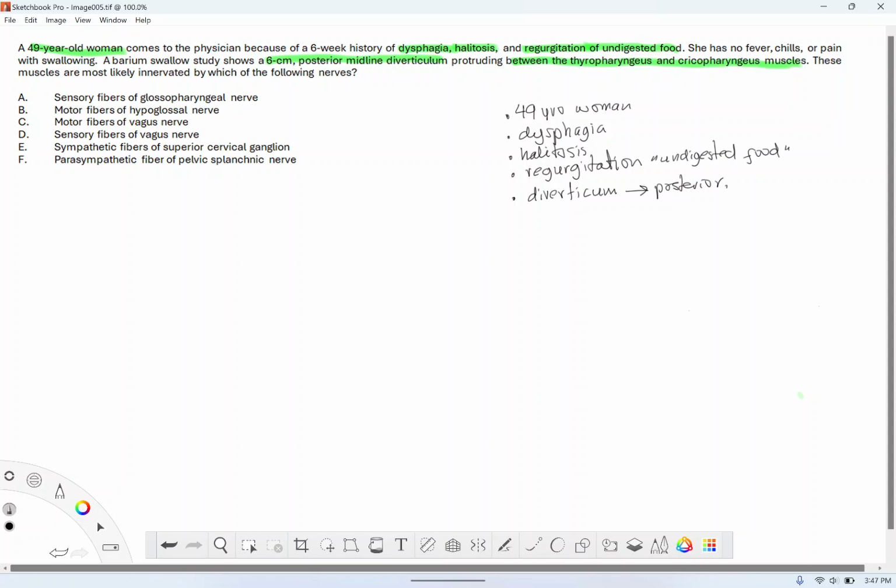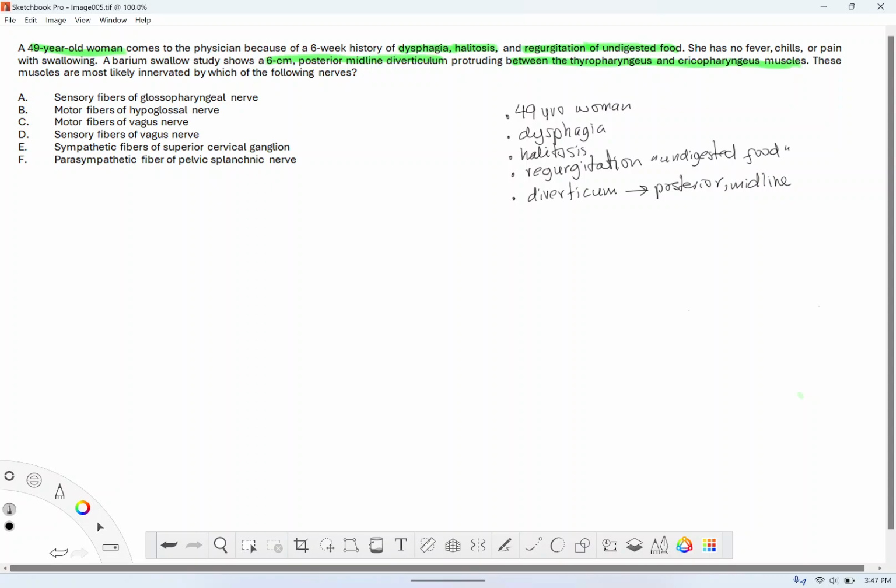It's in the midline, in the middle, between the two muscles, the thyropharyngeus and cricopharyngeus muscle. You should be thinking just in your neck, just below your chin. That's where you have your thyroid, so in that area. So the diverticulum is posterior, not anterior.